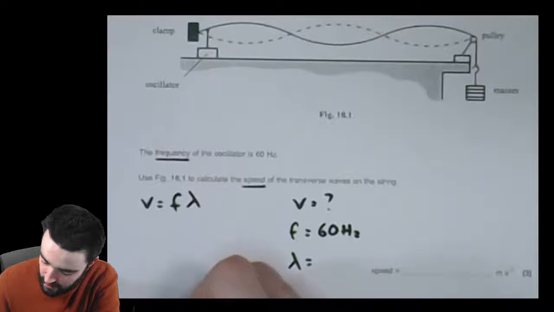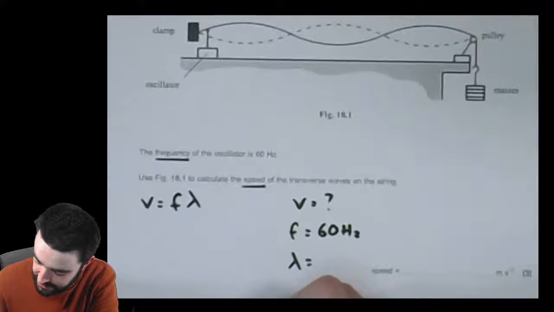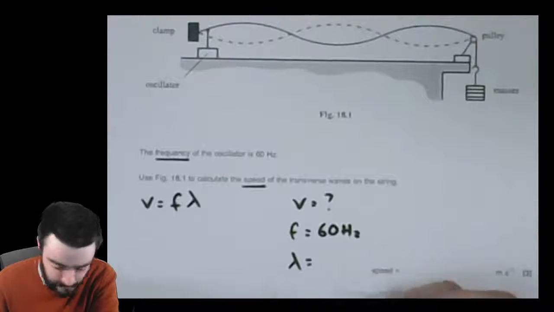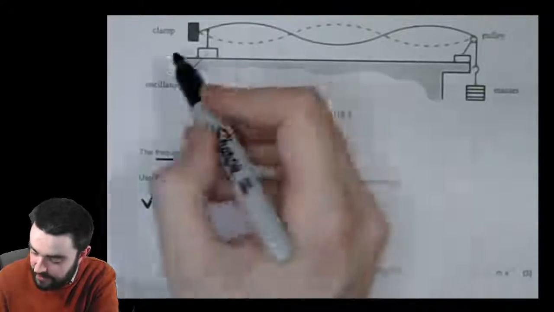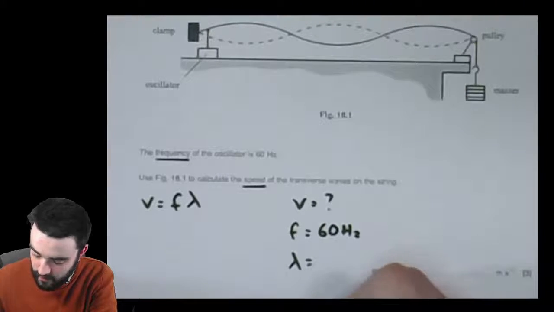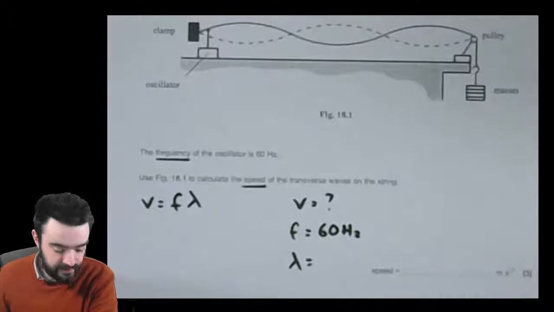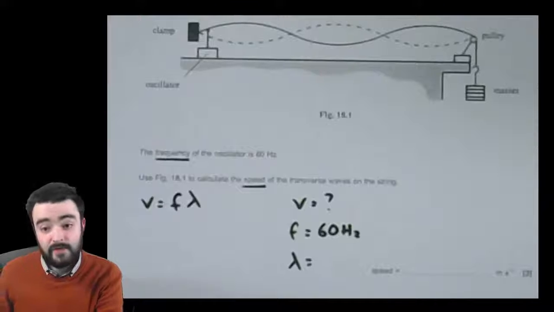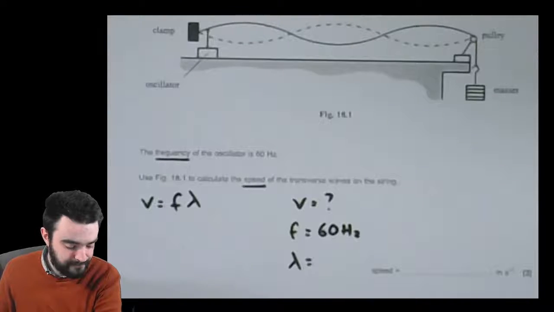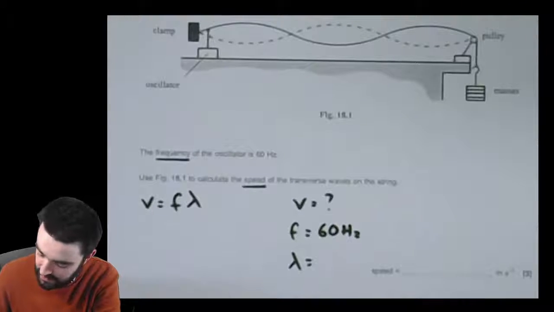So a half wavelength is equal to the total distance, 0.54, divided by 3, because there are 3 half wavelengths, which is equal to 0.18 meters. Just stating this gets you 1 mark from your calculations. You can then show that the wavelength is going to be just 2 times that. So lambda is equal to 0.36 meters.